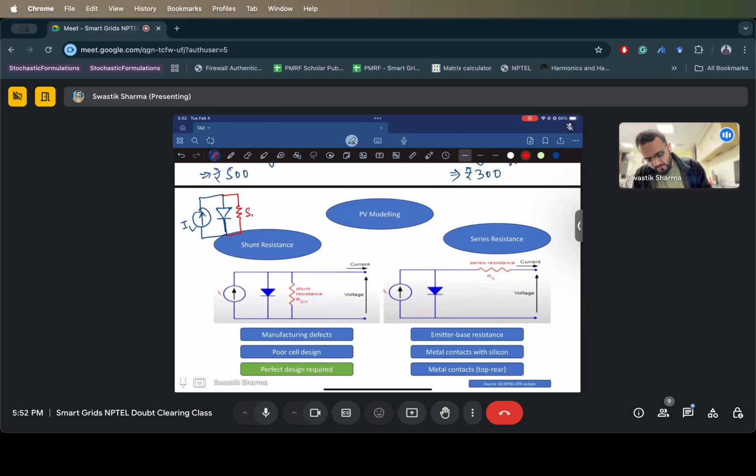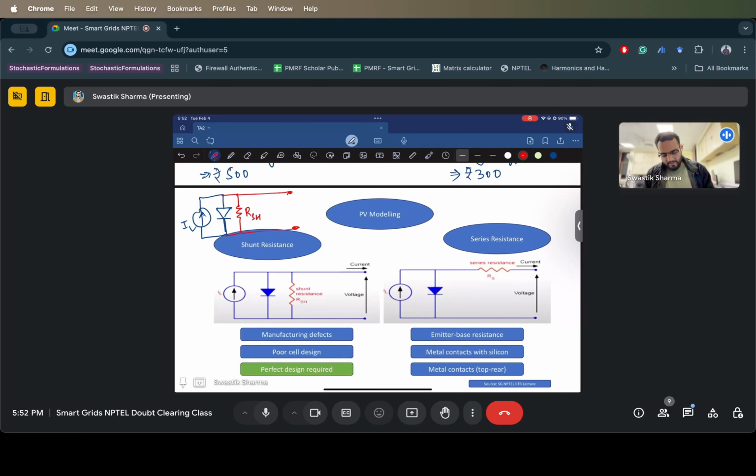So we show losses in the form of shunt resistance. That means it decreases the amount of current that is coming to the end of your nodes, right? So if I use this, my node will have less current.